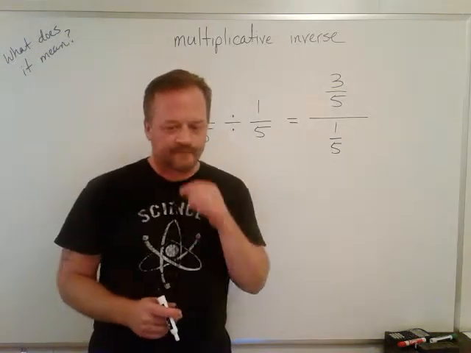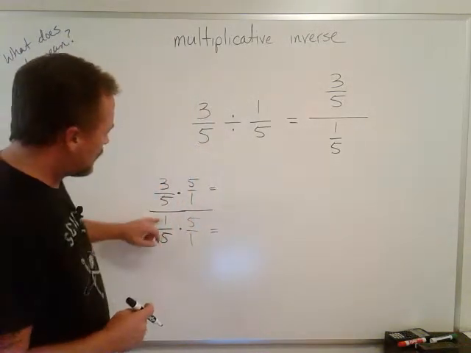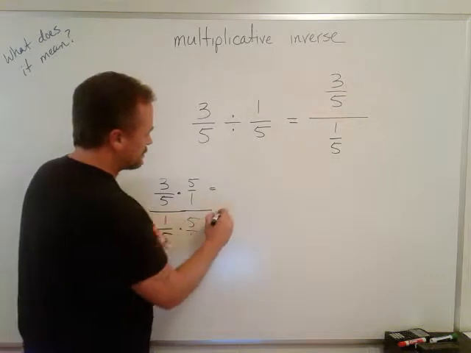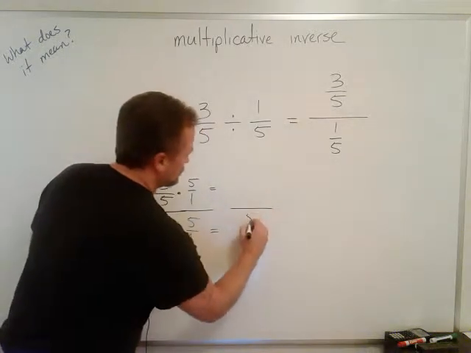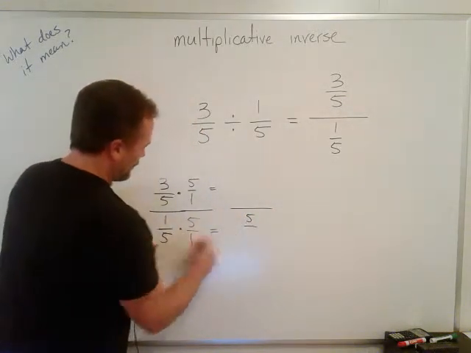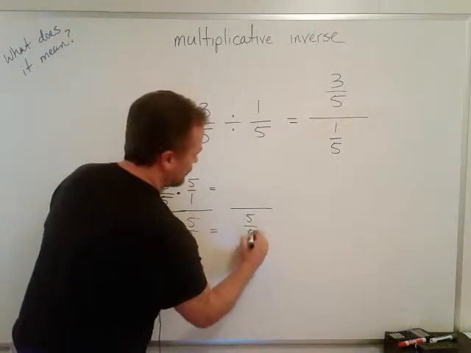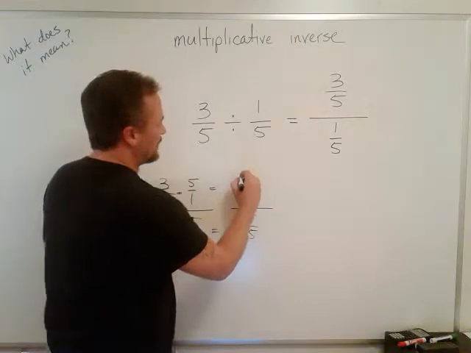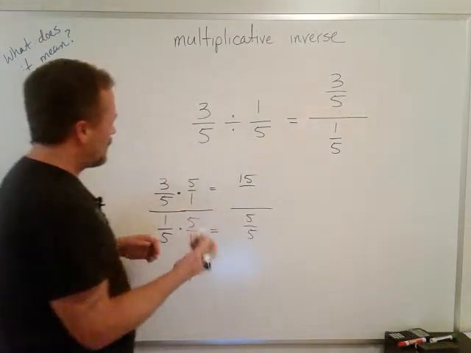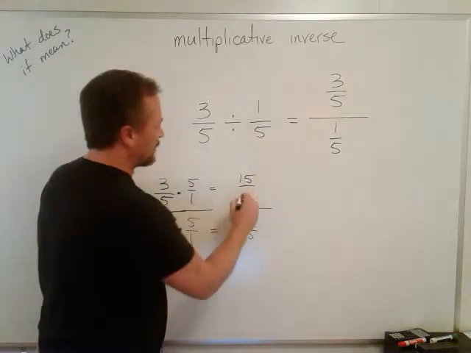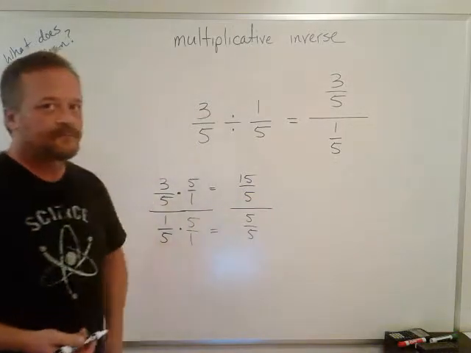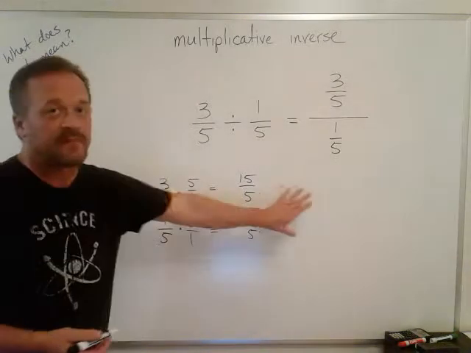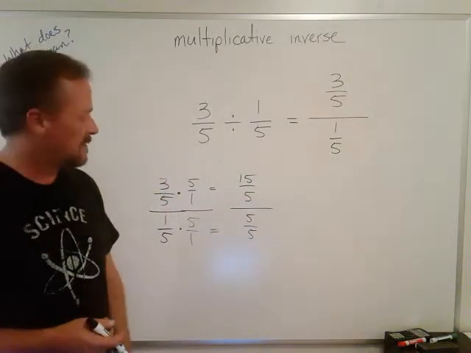Now, this is going to give me 1 times 5 over 5 times 1 in the denominator. 3 times 5 is 15 over 5 times 1 is 5 in the numerator. All I did was multiply straight across, okay?